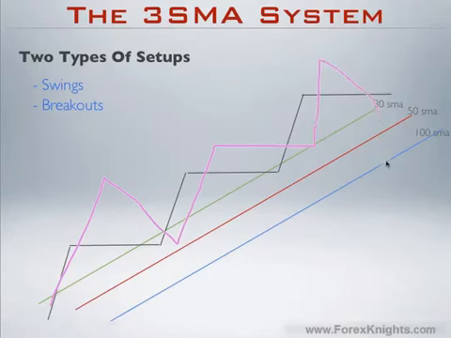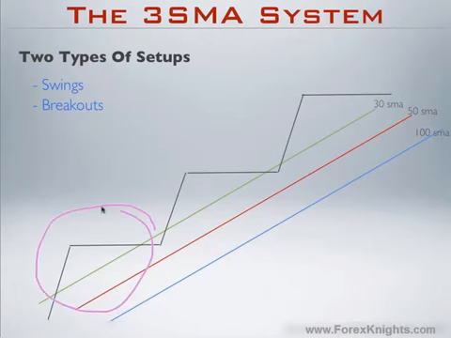So you can find combinations of both swings and breakouts within the same trend, and that's why I want to explain both approaches, so you are prepared, ready to trade whichever of the two types of setups you find on each consecutive wave, on each consecutive swing.